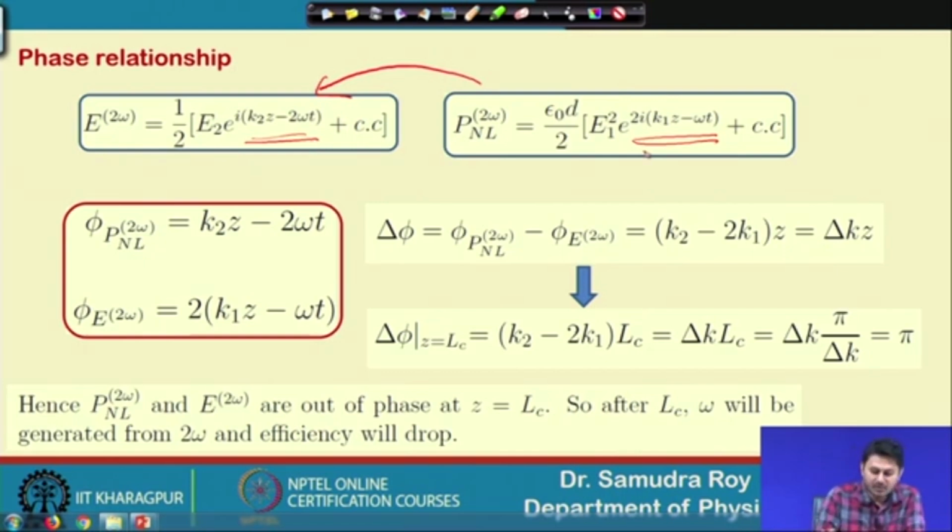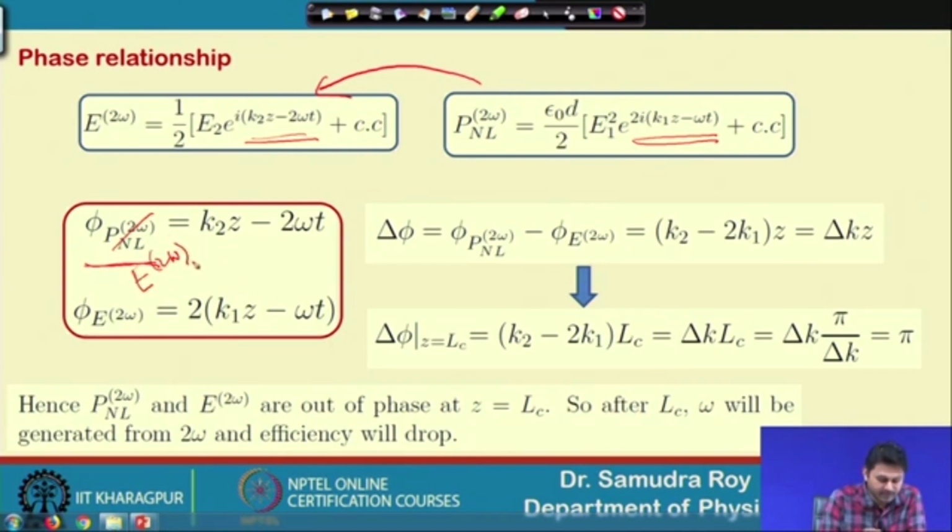So, the phase of this quantity is written as the phase of P nonlinear 2 omega. This is the phase of the nonlinear polarization term, which is nothing but k2... okay, this is written wrongly. So, this phase should be this phase, and this quantity should be E 2 omega.